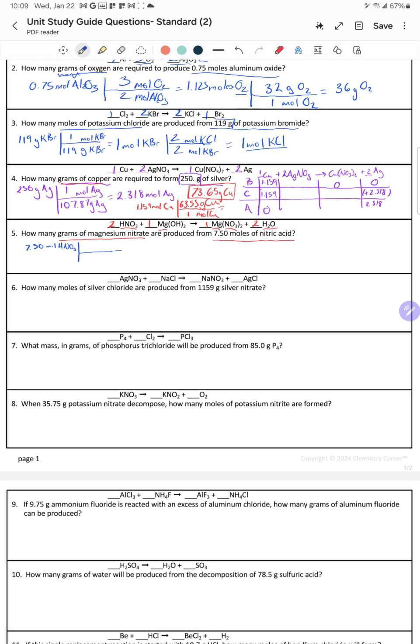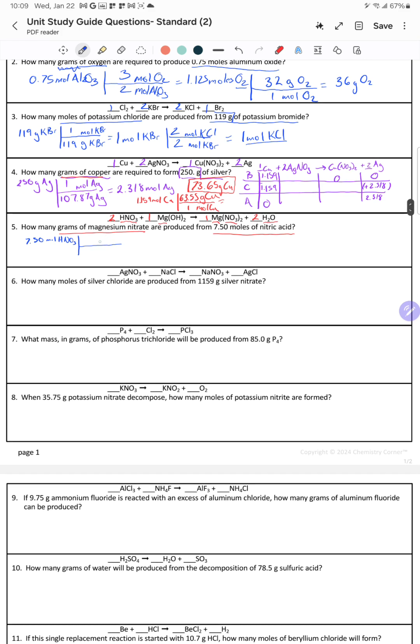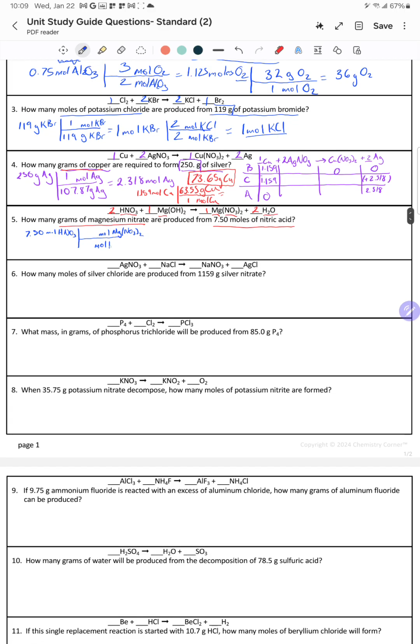And I'm going from moles of nitric acid to moles of magnesium nitrate. And so I need moles of MgNO3, and that's going to be 2 there. And I'm converting that from moles of nitric acid, so HNO3.